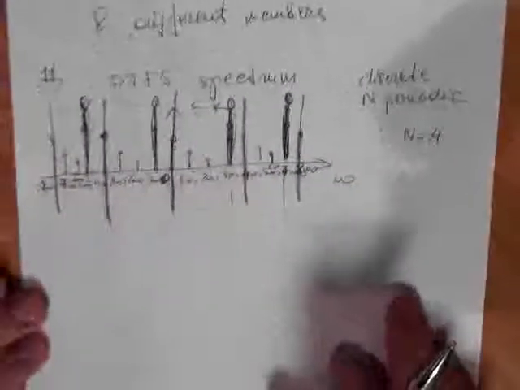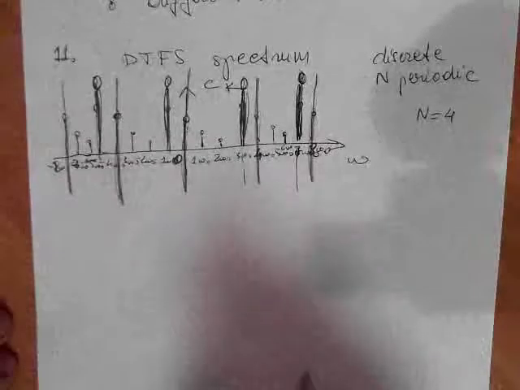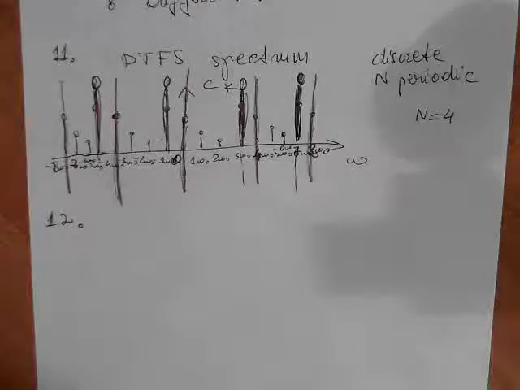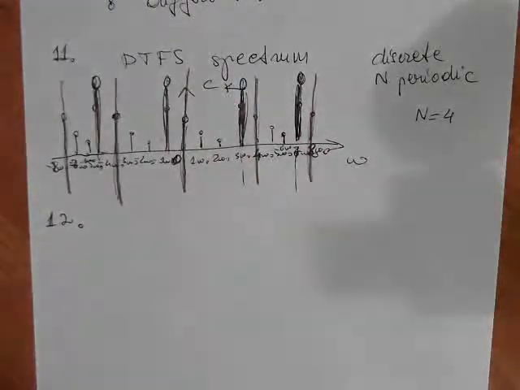Maybe that was a nicer example in your lecture. This is a bit more difficult, but you need to know that this should be an N periodic signal, and these are just repetitions of omega 0.